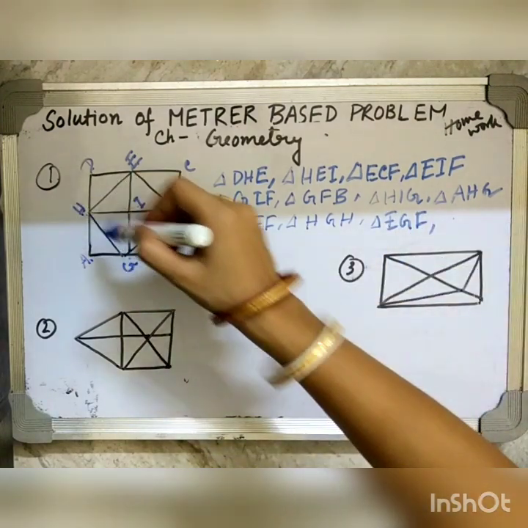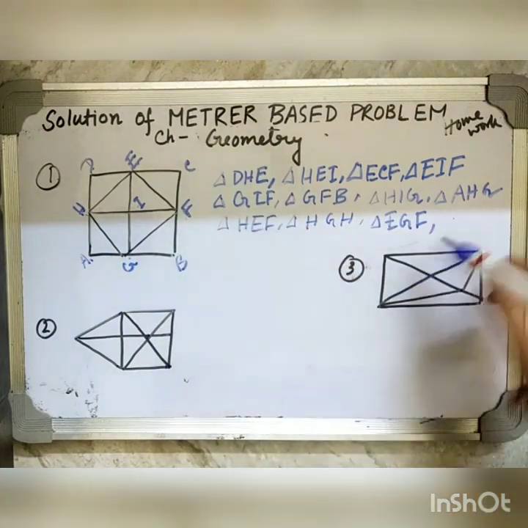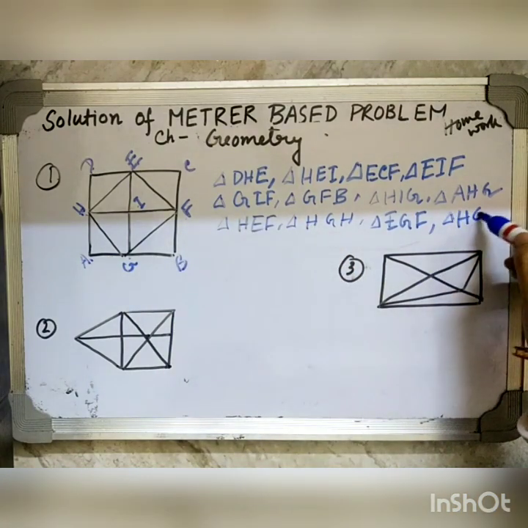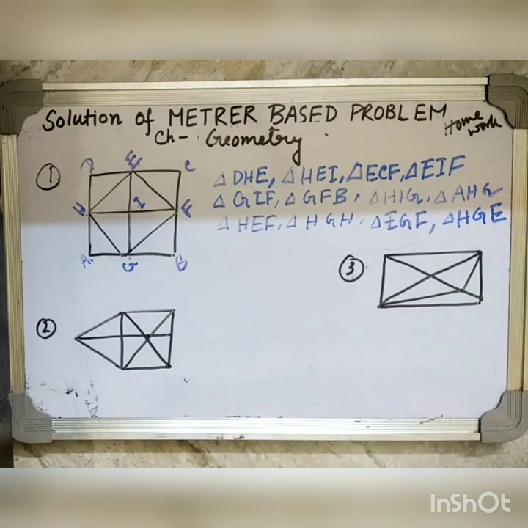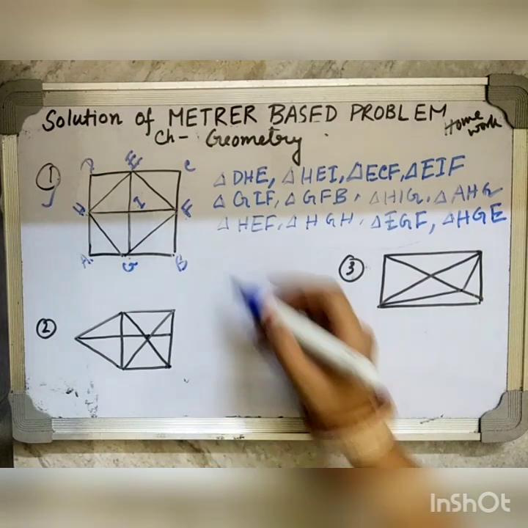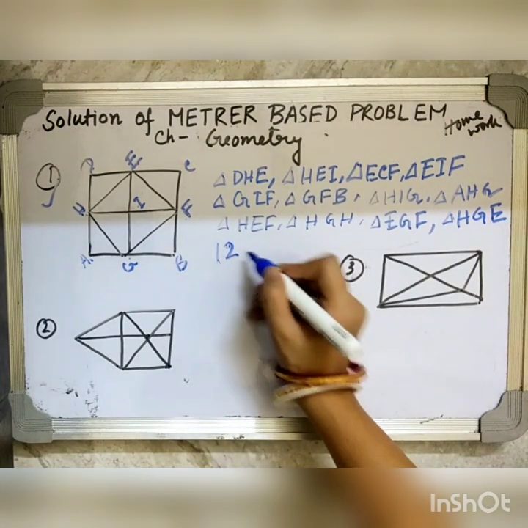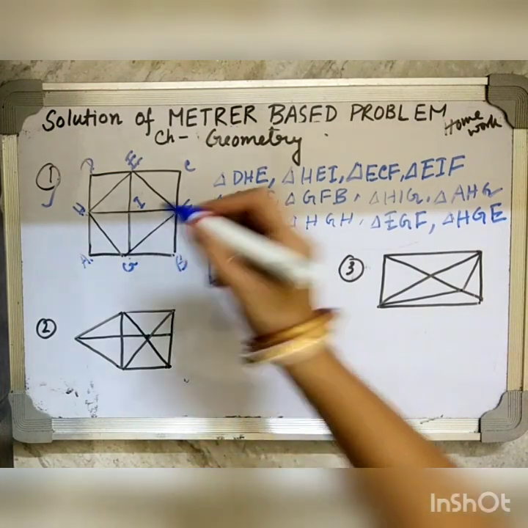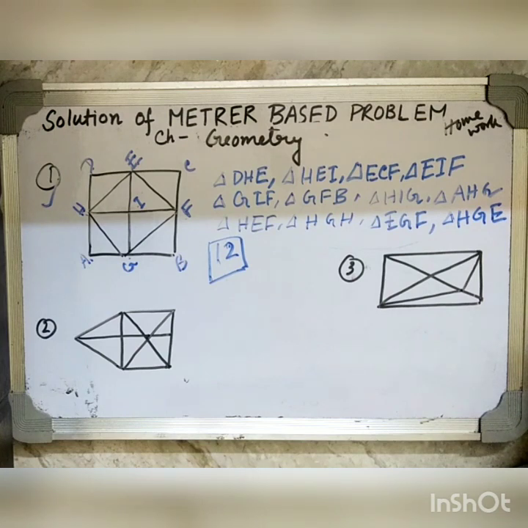And for this one HGE. Triangle HGE. We are not getting any more triangles from this picture. So I have written all the names of the triangles and we are getting total 12 number of triangles from this picture. Okay. Total 12 number of triangles are got from this picture.